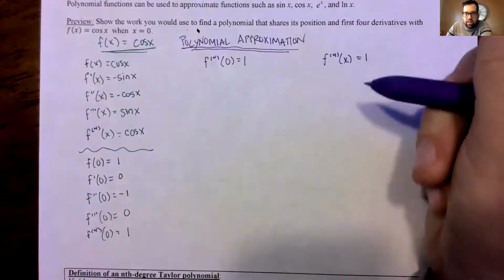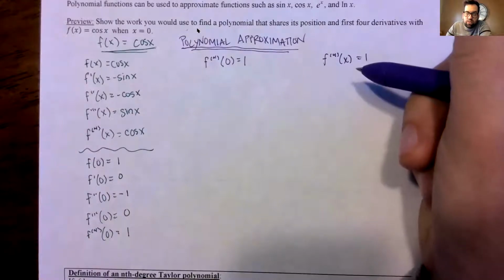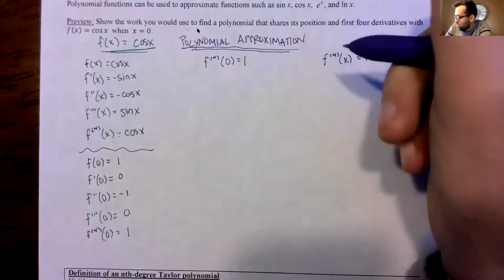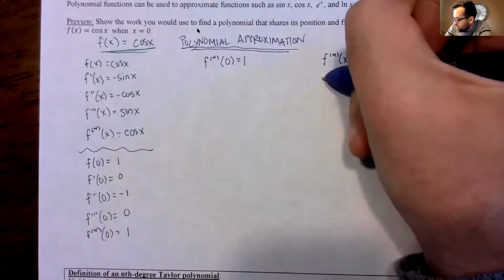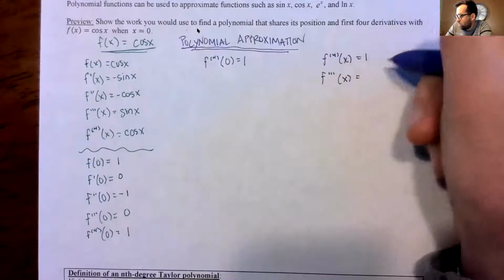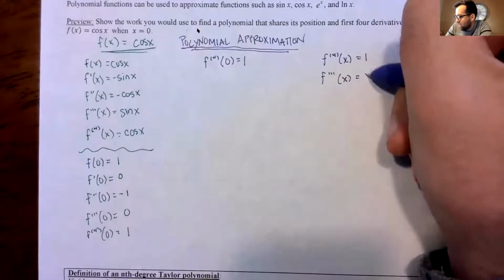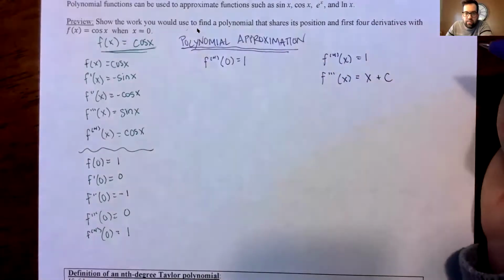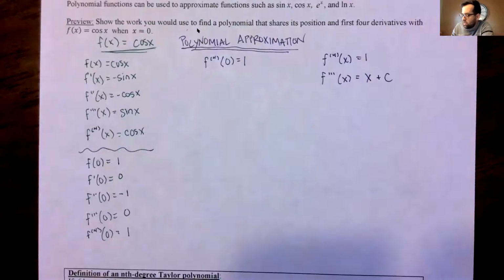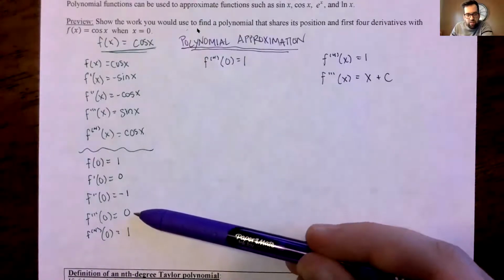So let's take the integral of this and see what happens. The third derivative is going to be 1x plus c, right? So let's see if we can figure out what c is using this given information.